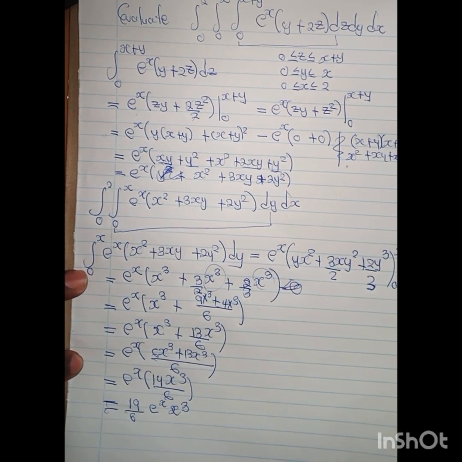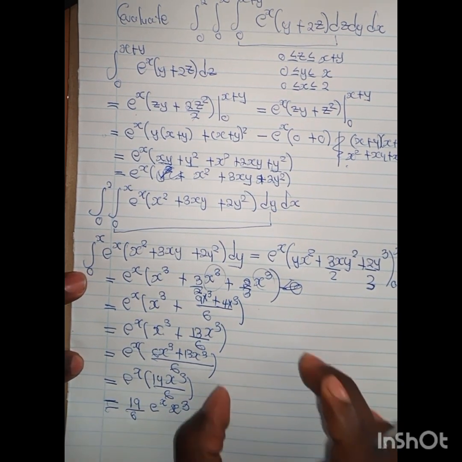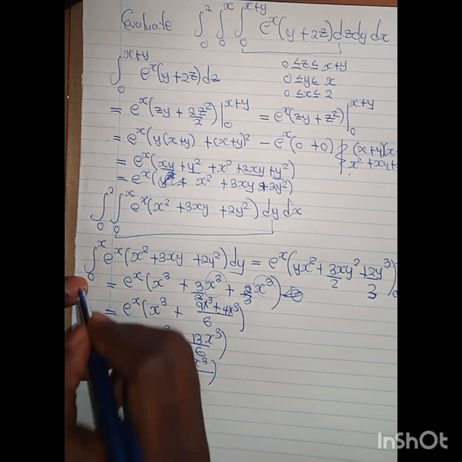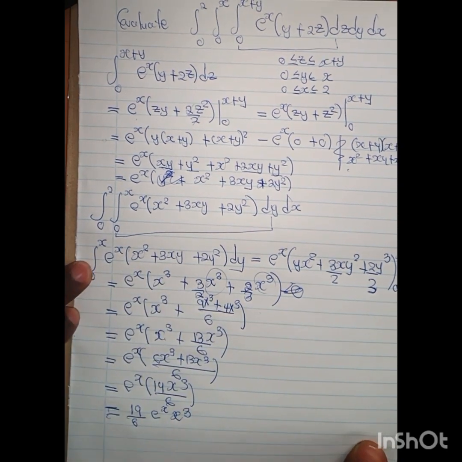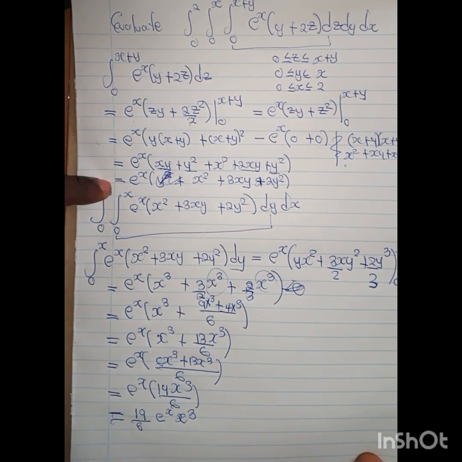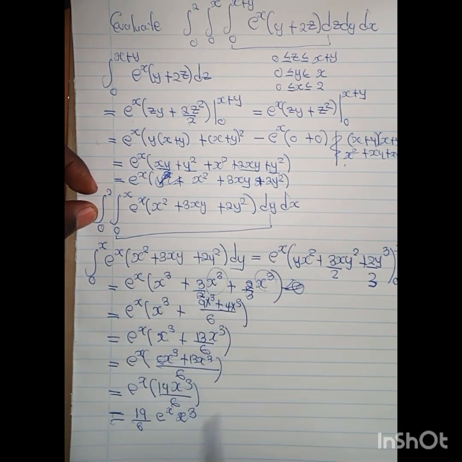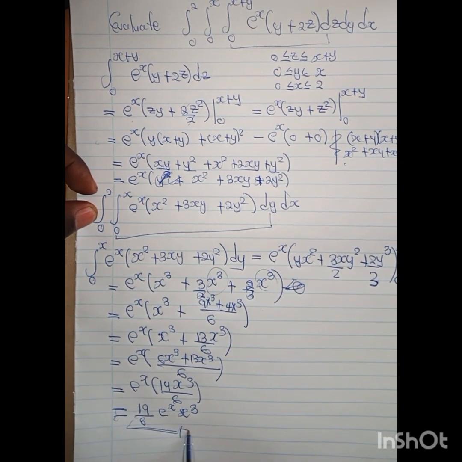All right, for the sake of space, let me write this information on a new page. So we have 0 to x. Yeah, 0 to x, this is what we have. No, 0 to 2. Then we'll have this part, 0 to 2, and then this one will be replaced by this part. So let me write this here.